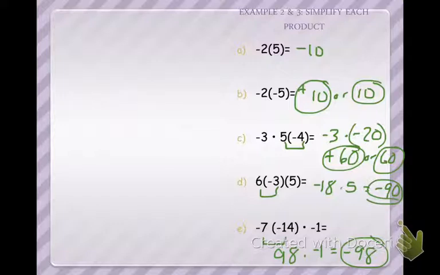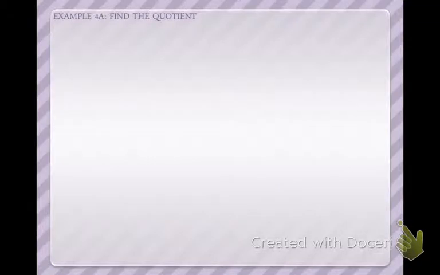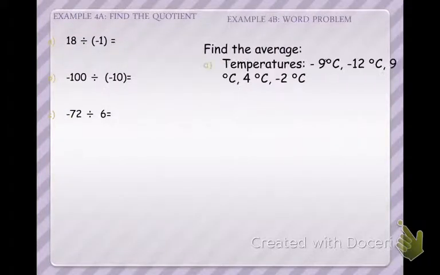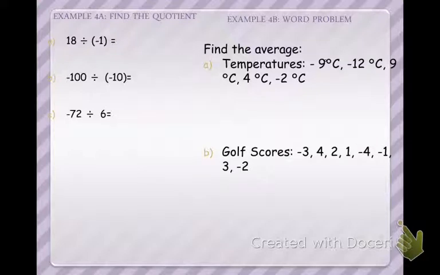All right. Next, we are doing quotients. That means we're doing dividing here. So we have 18 divided by negative 1. Well, how many times does negative 1 go into 18? Negative 18 times.